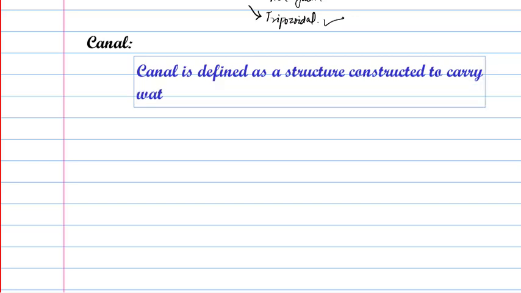carry water from source. What can be your source? Source can be either a river, or it can be a reservoir, any sort of reservoir, right?